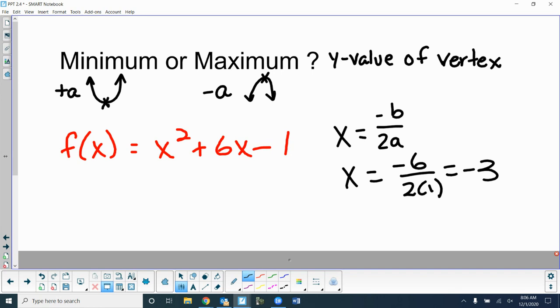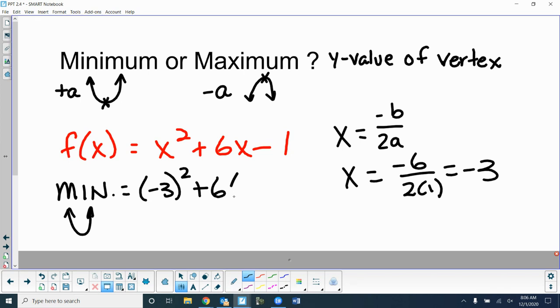Okay? All right, this is going to be a min because it opens up. All right? So all we do is we put whatever we get here in for x. That's all we got to do to find our min value then. Negative 3 squared is positive 9. 6 times negative 3 is negative 18.